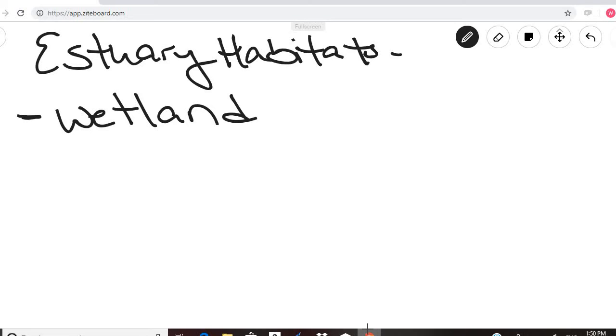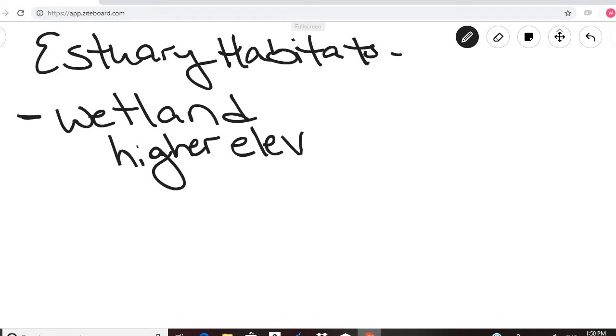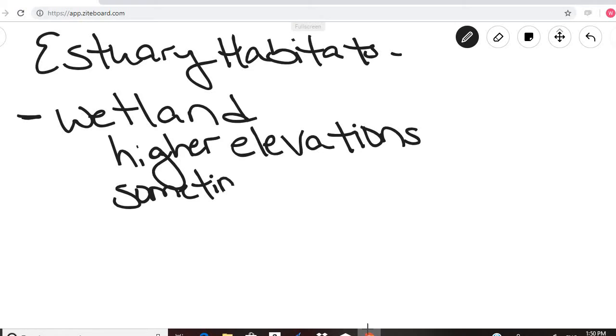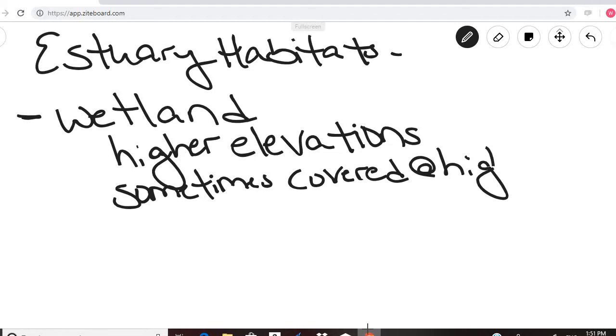Wetlands are usually at higher elevations, so they're not real close to the sea, and sometimes they can be covered with water at high tide. But they wouldn't be covered at low tide.